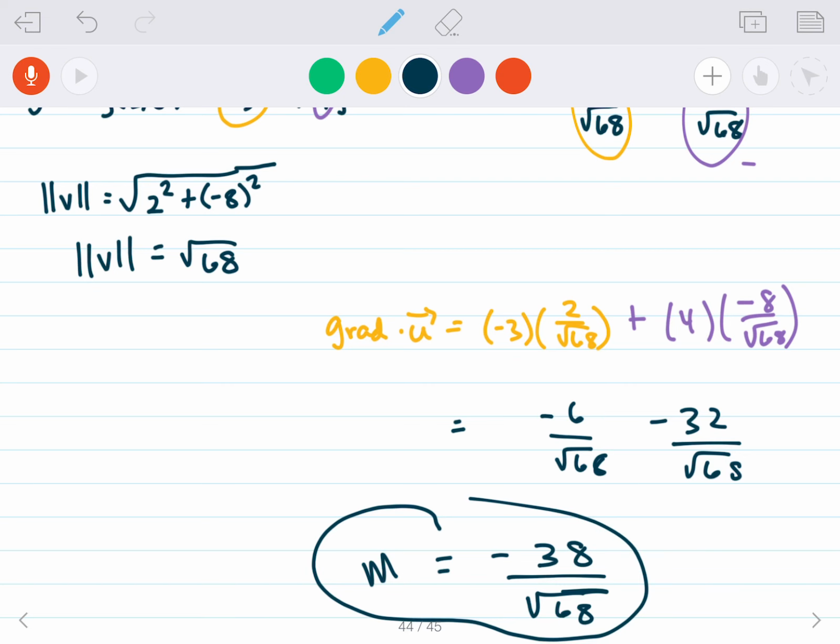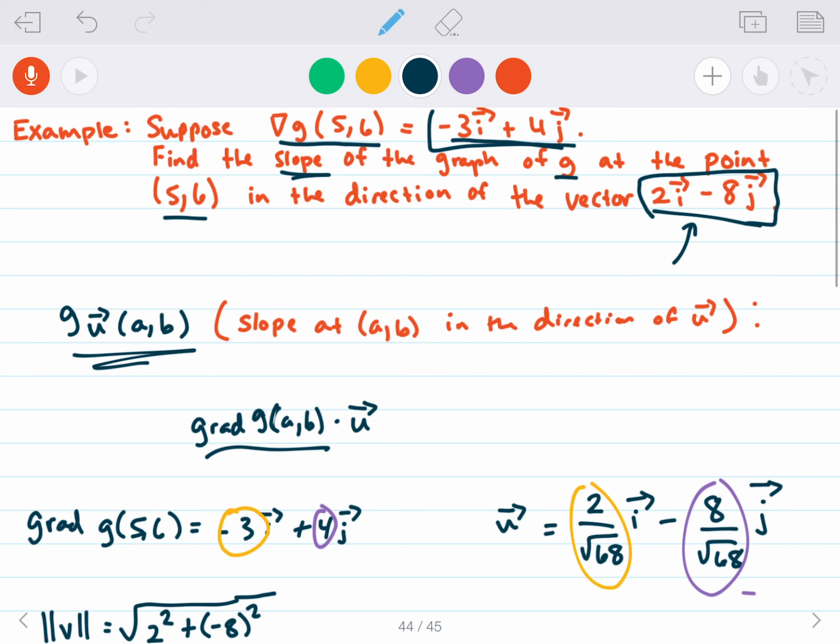All right. So there you have it. That is going to be the slope at the point 5, 6 in the direction of this vector.